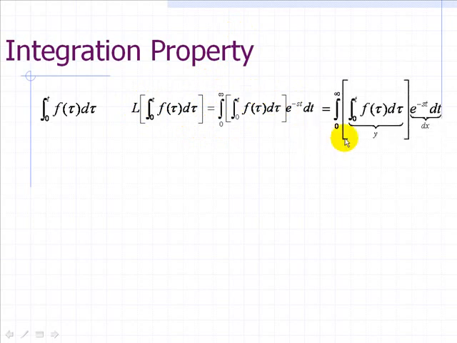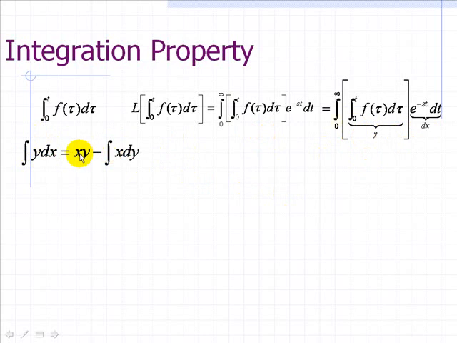Now we define some variables, and we're going to do integration by parts. We can take this integral expression, call it y, and take e to the minus st dt and call it dx. Integration by parts is defined as follows: y dx is equal to x times y minus the integral of x dy. Notice that on the left side of this equation is our expression for y dx.